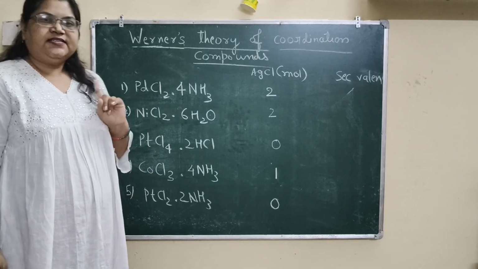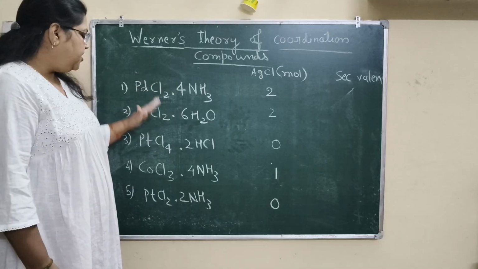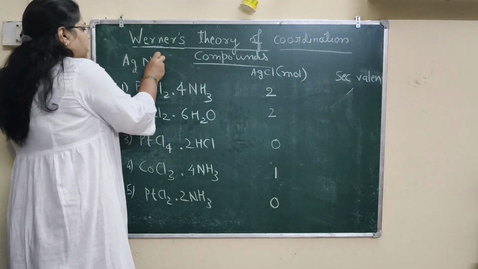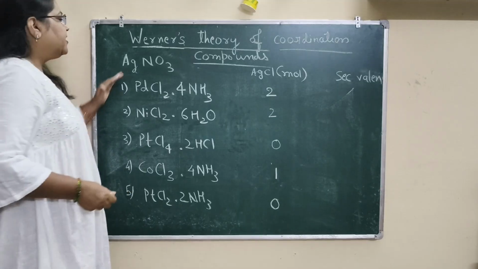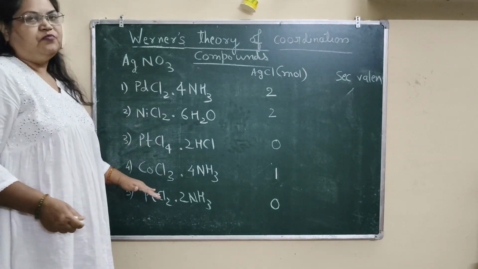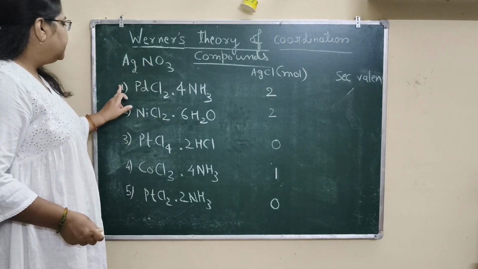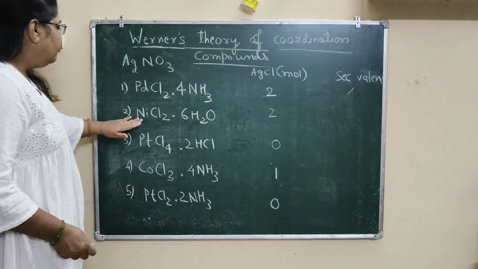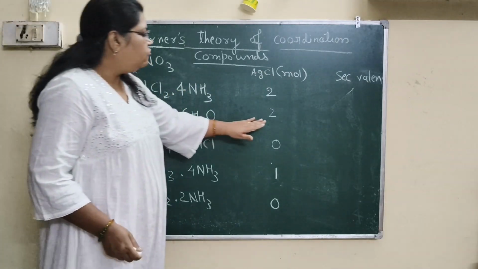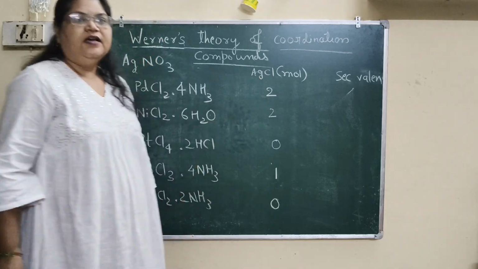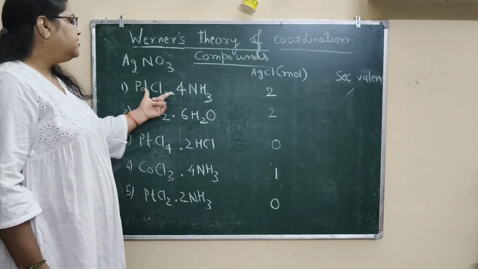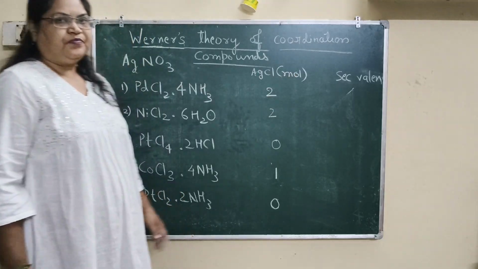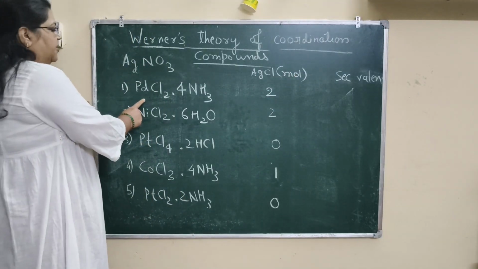Now on adding excess of AgNO3 solution to these compounds, 1 mole of this compound is giving 2 moles of AgCl. We have to find out, students, what is the secondary valency of these compounds. Let us take our first example.